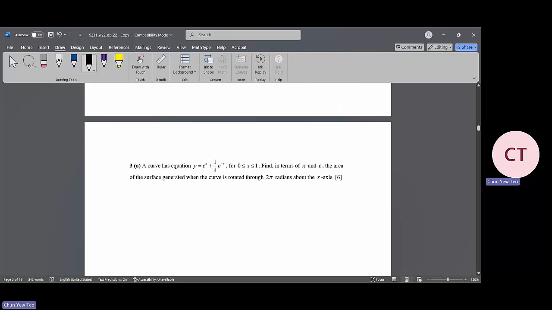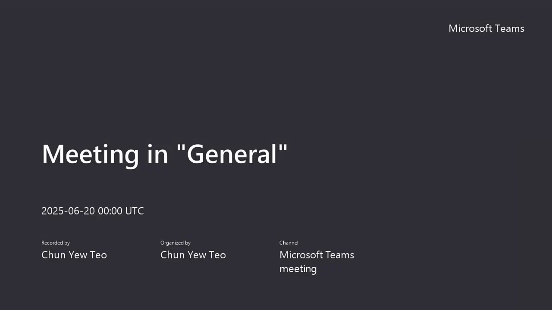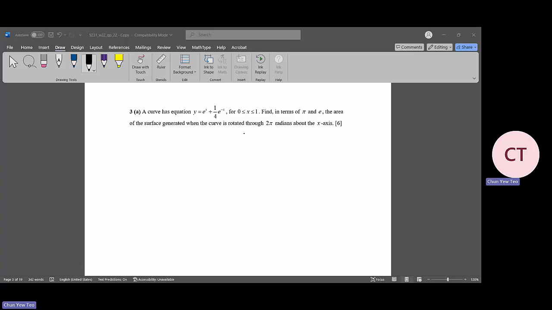So move on. We have question number 3. A curve has the equations like this. For x between 0 to 1 inclusive, find in terms of pi and e the area of the surface generated when the curve is rotated 2 pi radians about the x-axis.